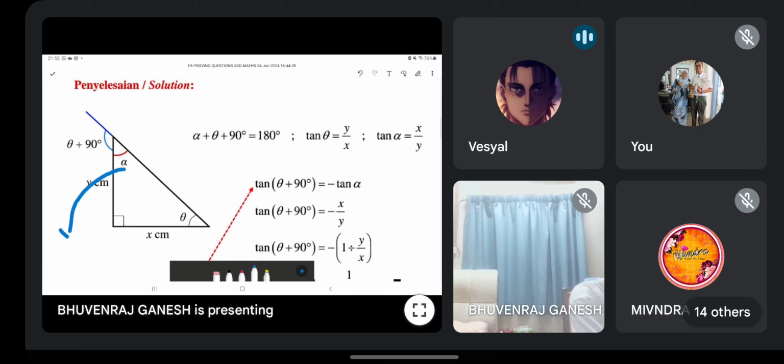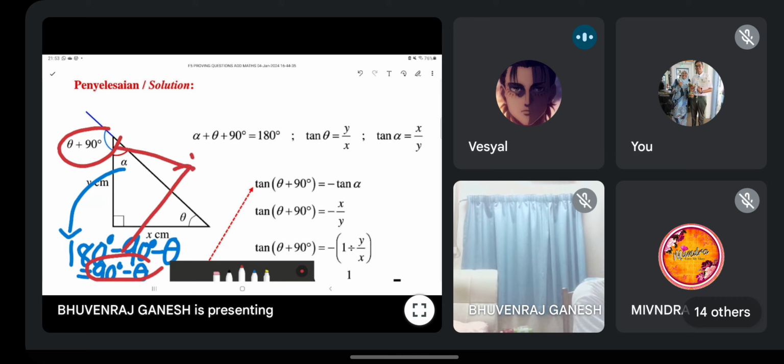So it's actually alpha is 90 minus theta. And then if you want to find the corresponding angle, because straight line is 180, right? So the angle to the right, the corresponding angle is actually 90 plus theta. So if you add them together, theta plus 90 minus theta, you will get 180 degrees.